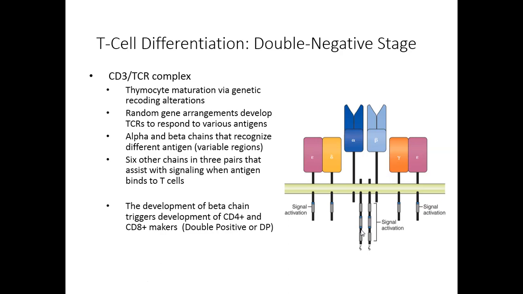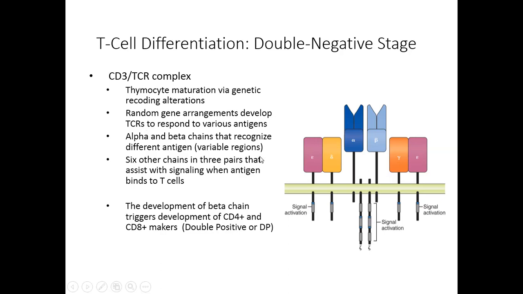So those 6 other chains are the CD3 part of the complex. The alpha and beta are the TCR part of the complex. Together, these 2, 4, 6, 8 chains make what we call the CD3 TCR complex. The 6 other chains, the epsilon, delta, gamma, epsilon, and tau-tau chains, are signaling chains.